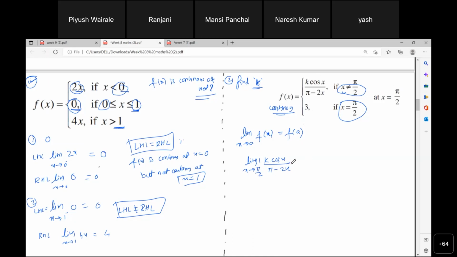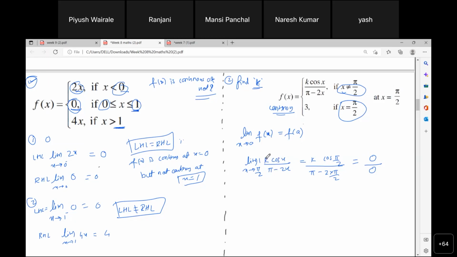If I put x equals to pi by 2, what I will get? It is cos of pi by 2, and here pi minus 2 into pi by 2. So basically I will get 0 by 0 form, right? This indeterminate form, right? So here I can apply L'Hospital rule.